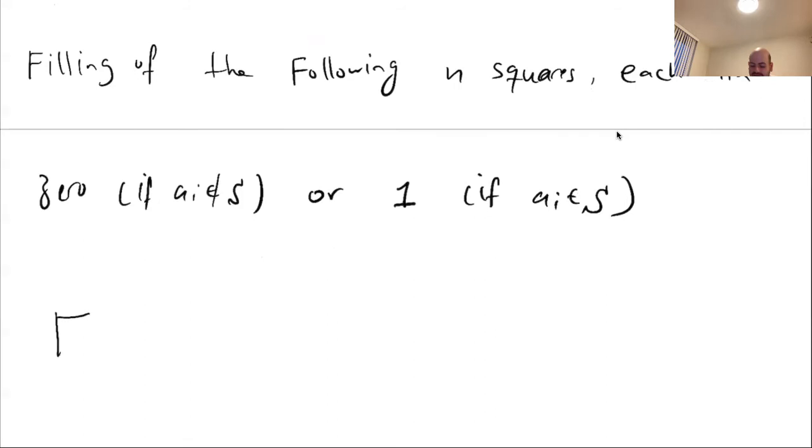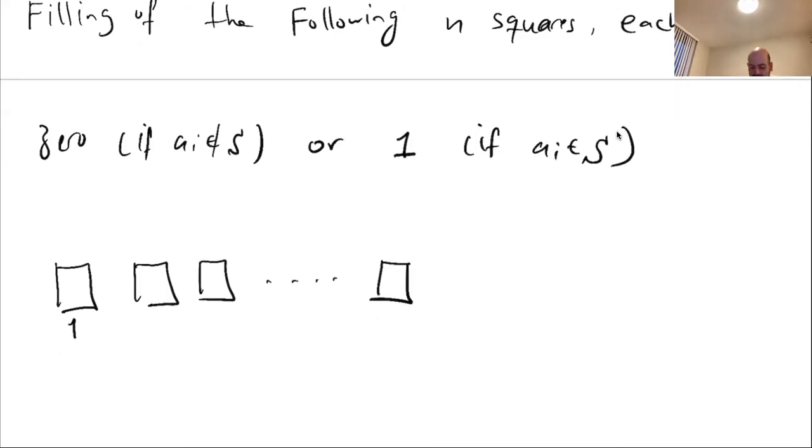So let's consider n squares. See, 1, 2, 3, and n. So for each of these squares, I'm going to fill them with either 0 or 1. Now, how can I decide whether 0 or 1? So I have to look at my S. Let's say I have an arbitrary subset of A, I'm calling it S. First, look at S. Does S contain A1? If yes, then put 1 here.